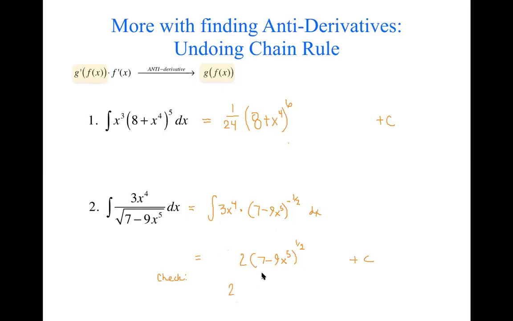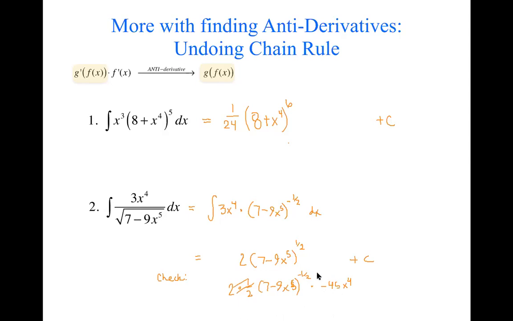I'd do 1/2 times 7 minus 9x to the fifth, all to the negative half power, all times the derivative of the inside, which is negative 45x to the fourth. So those two are good.